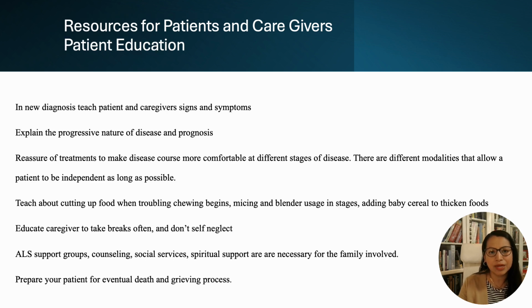Some of the resources that we can offer our patients are just teaching them what ALS is, what it means, what the signs and symptoms are, explaining the progressive nature and the prognosis. Reassuring them that there are treatments to make the disease course more comfortable as the different stages come and go.